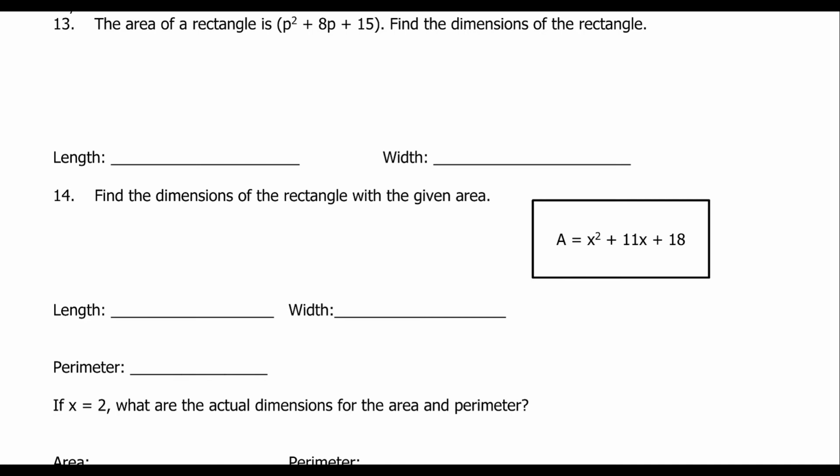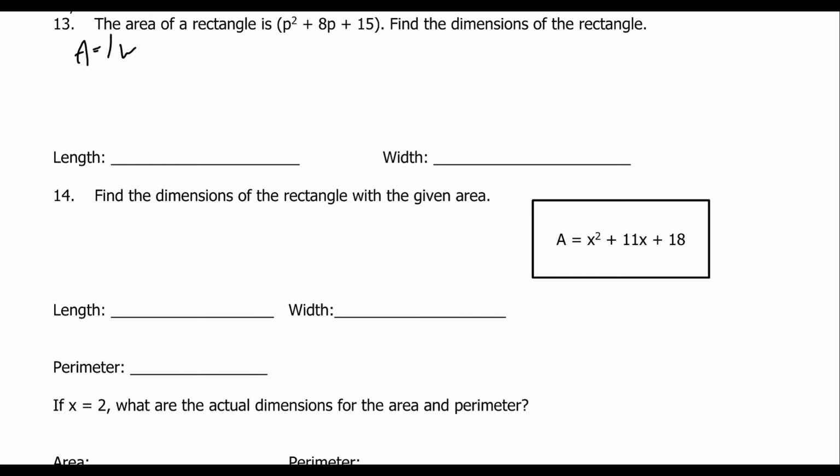So the area of a rectangle is p squared plus 8p plus 15. It asks us to find the dimensions of this rectangle. If we remember, area is just length times width, right? So we need to find the two factors that are the length and the width of this rectangle.